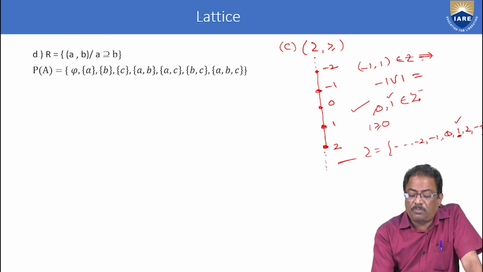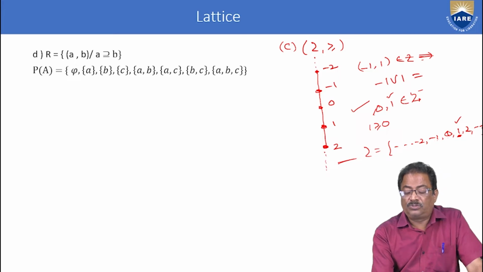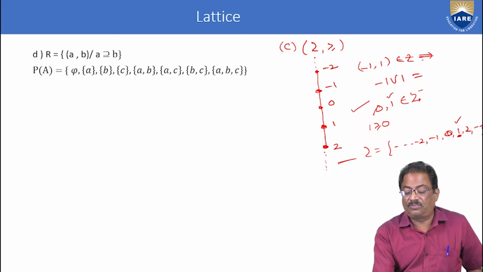And the greatest lower bound is nothing but 0, since 0 is greater than minus 1. So I am saying that the greatest lower bound is 0.